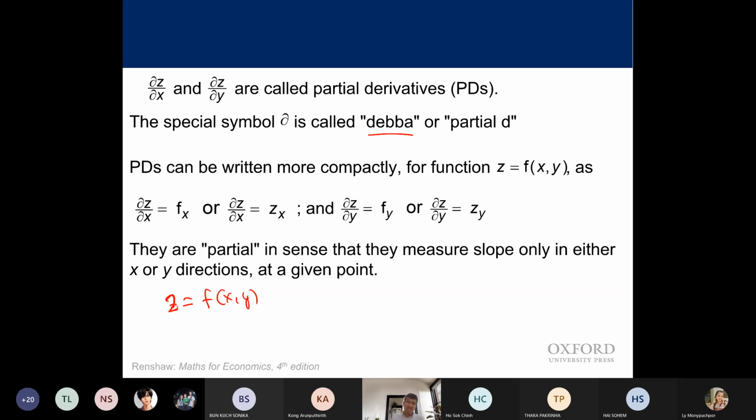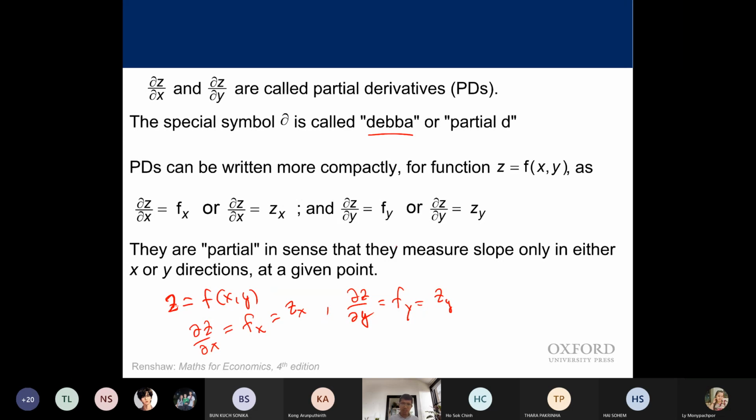So you may think of double z over double x as the partial derivative of the function with respect to x, or you may simply denote it by f_x, or z_x. The subscript x means partial derivative, and likewise the partial derivative of z with respect to y is denoted by this one, or either f sub y or z sub y. They are all the same.